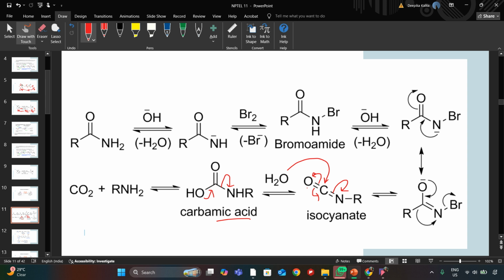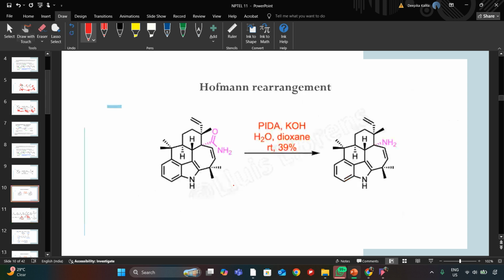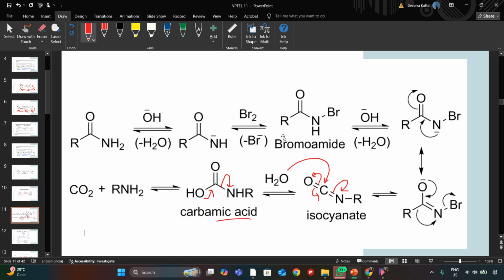Okay, so now if we go back to our question, you see that here bromine is not given in the reaction medium. So how PIDA is going to participate in the reaction in place of bromine, we will see now by going to the mechanism followed in this particular reaction.